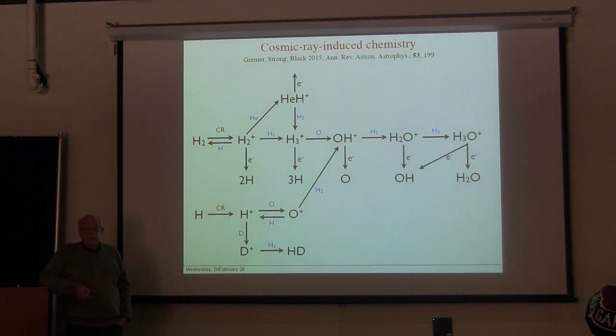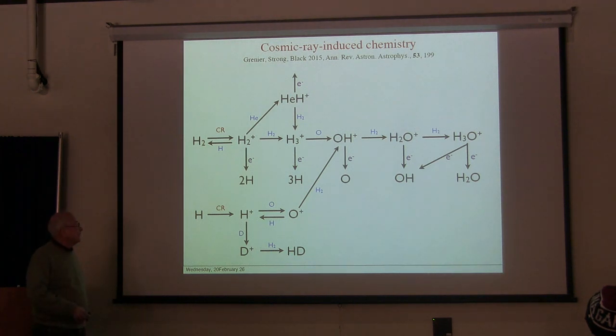So for the carbon chemistry and the diffuse gas, where some UV light still penetrates, the ionization of the carbon is thought to be accomplished mainly by the ultraviolet photons that are not absorbed by H.